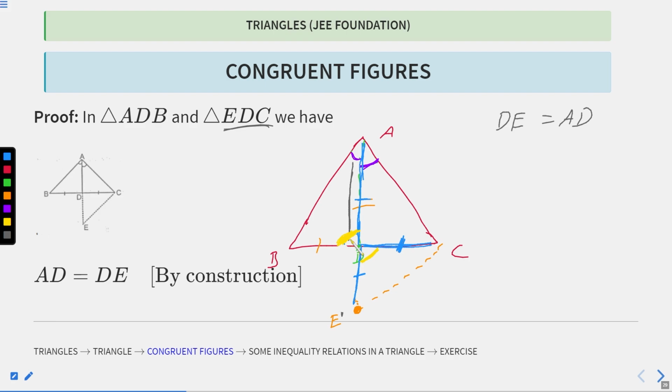Now we know that both of these angles are equal. If you see that this side is equal in length to this side, and this angle is also equal to this angle, and this side is also equal to this side, so from this I can say triangle ADB is congruent to triangle EDC.